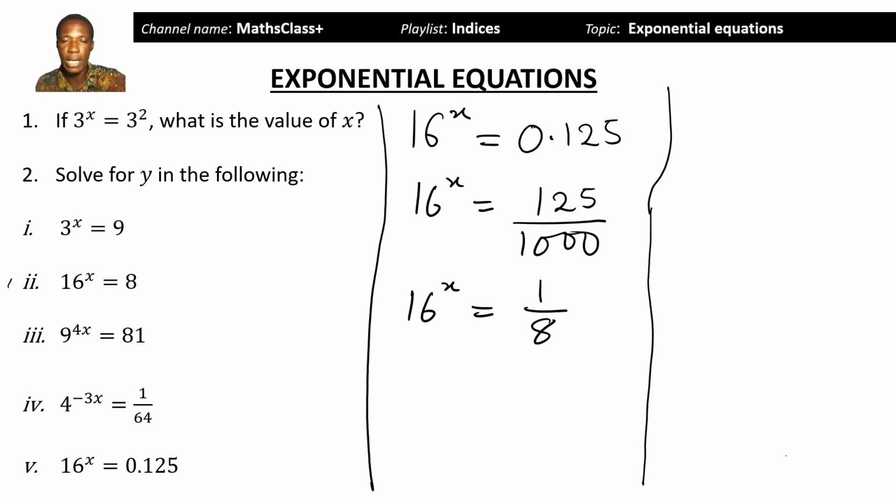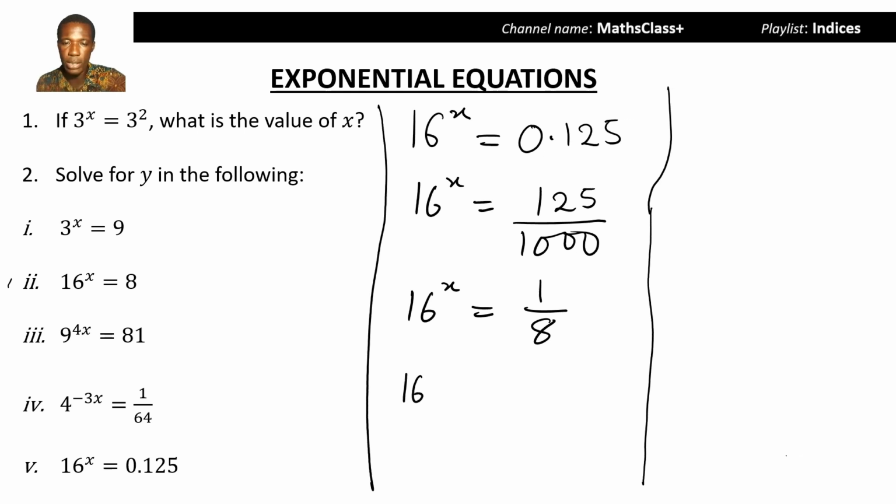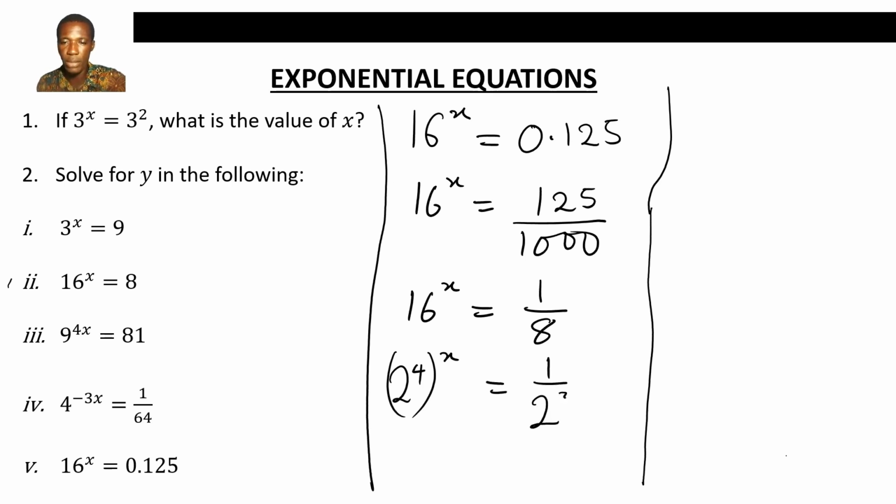Now when we have it like this, then we are going to use 2, because 16 and 8 can have a common base of 2. So we can write the 16 as 2 to the power 4, and then it is to the power x. And then the 8, we can write it as 2 to the power 3. So 2 to the power 4x, we are multiplying the exponent.